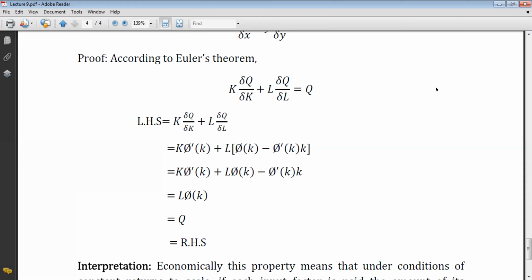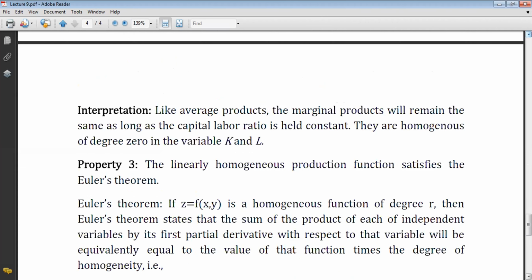But what about the degree of homogeneity of the average physical products and marginal physical products? These are 0, ma'am. Yes, these are 0. We have already proved this here.